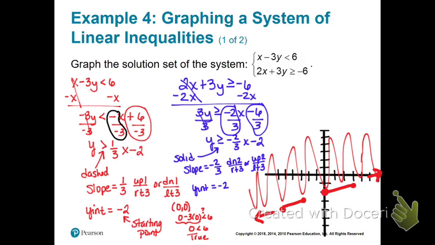So let's graph this. It's negative 2. You tell me we're going to go down 2, right 3. Or up 2, left 3. And you said our line is going to be solid.